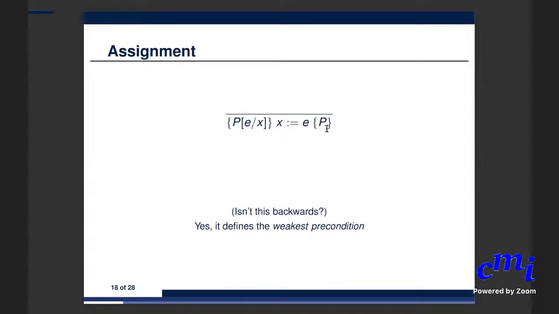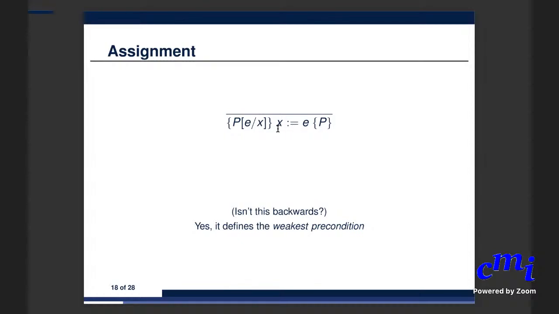So if, after executing this assignment statement, I want the state to satisfy postcondition P, then what is the weakest thing that I should do?